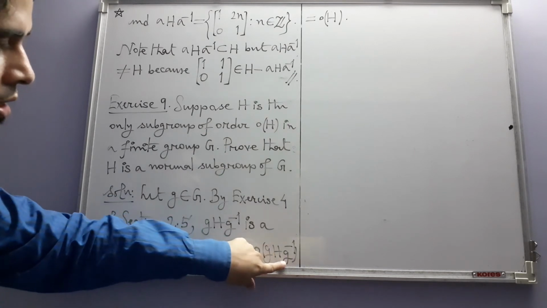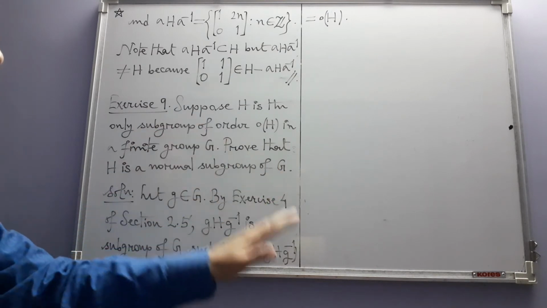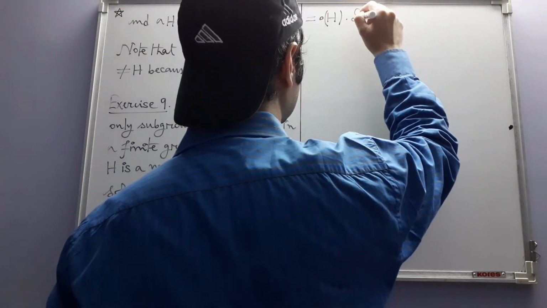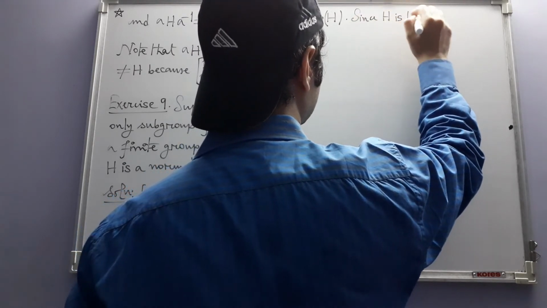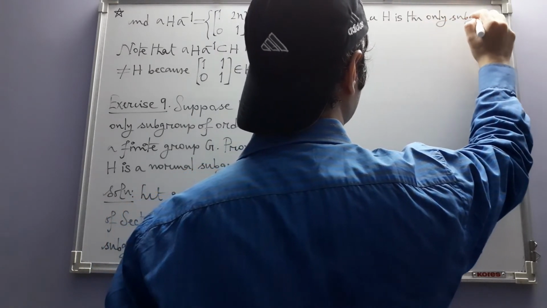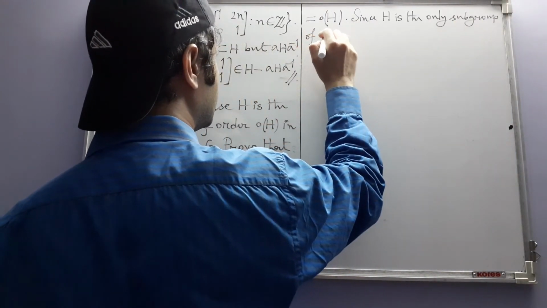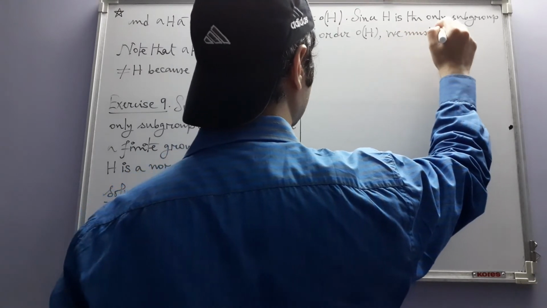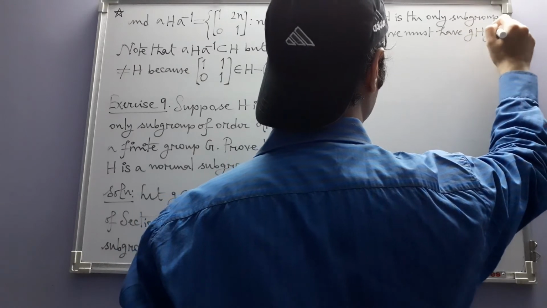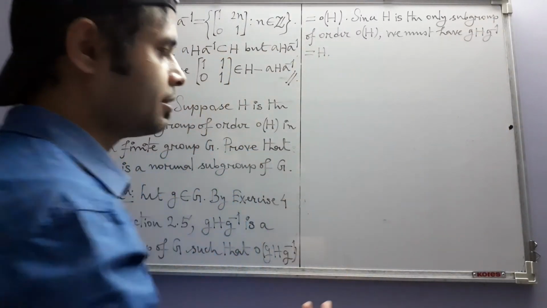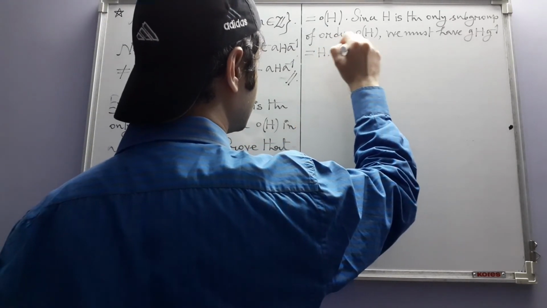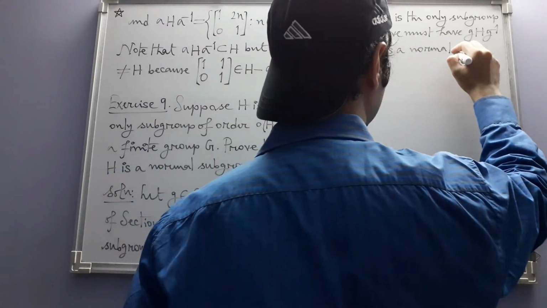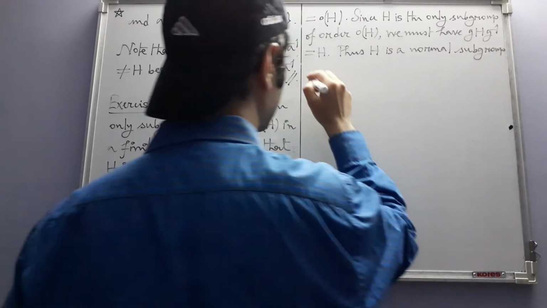Now since here we have found that this subgroup also has the same order, that uniqueness of H will force us to conclude that g H g inverse is in fact equal to H. Since H is the only subgroup of this order, we must have g H g inverse equal to H, and that just tells us that H is normal in G. Thus H is a normal subgroup of G.